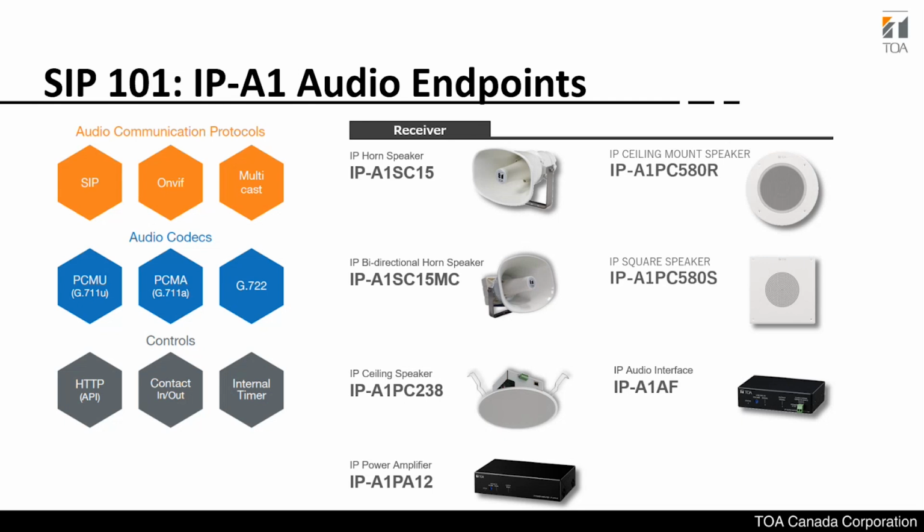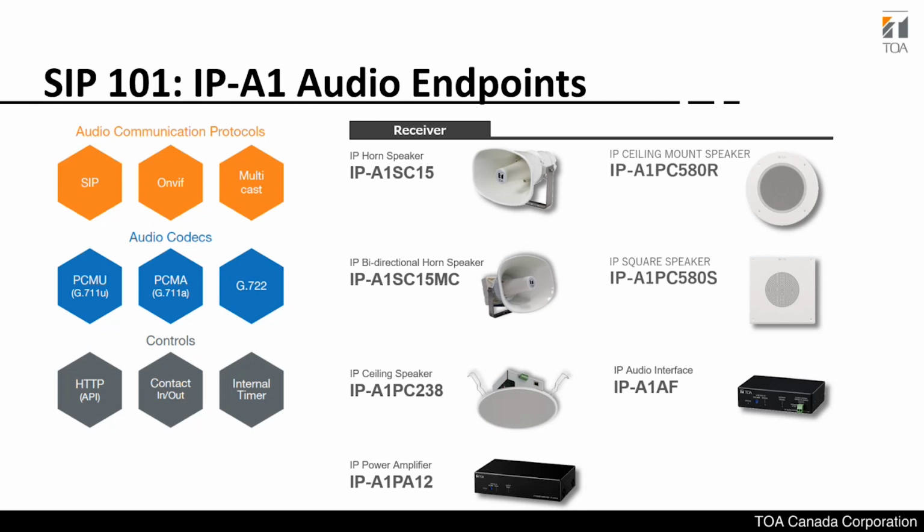Apart from the IP speakers, we have the IP1AF audio interface. You can think of it as an audio interface without the speaker itself. It has a built-in amplifier, but it can be connected to any amplifier, third party, or our TOA amplifier. This can be helpful when you want to use analog speakers everywhere but still do the paging via SIP.